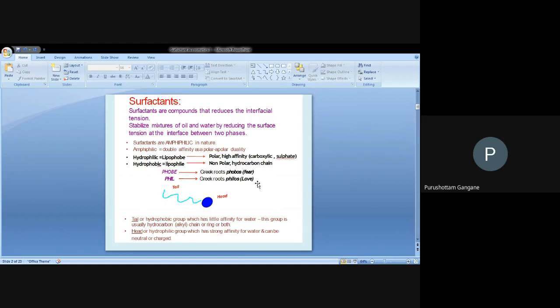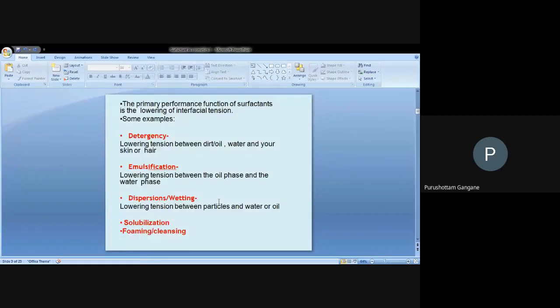Okay, so this terminology can be used interchangeably most of the time, but hydrophilic means water loving and hydrophobic means oil loving. So these two terminologies should be kept in mind. Okay, so this tail is the hydrophobic group, and the head is always the hydrophilic or polar group. That is why it turns toward the water surface.